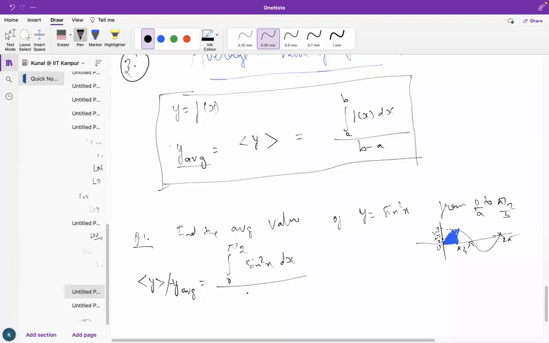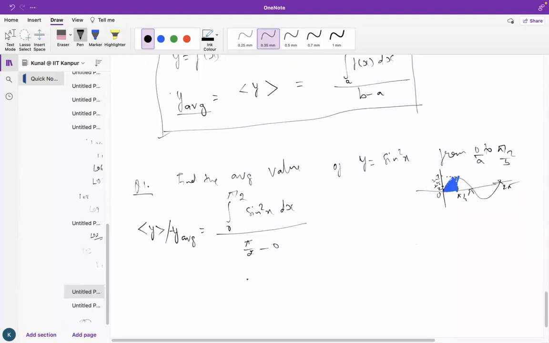Our b is pi by 2 and a is 0. And we all know, we studied in the first class on definite integrals, the Wallis formula for sine to the power n x, integrated from 0 to pi by 2. Here the power is even, so we have to multiply by pi by 2. So what I do here is 1 over 2, times pi by 2. I just apply the Wallis formula.